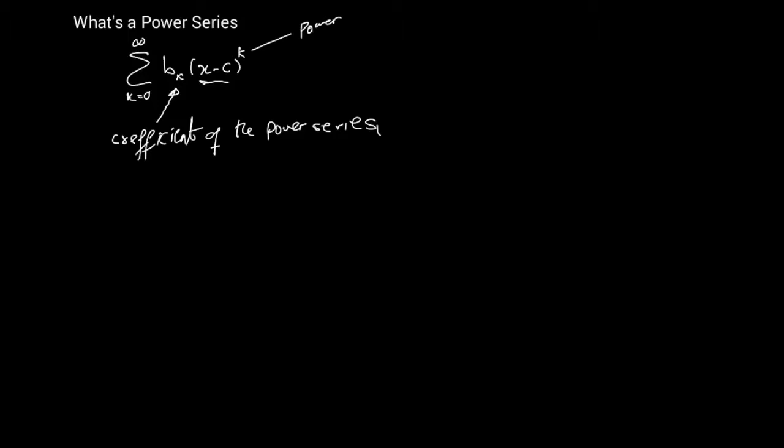So let's look at a few terms in the power series. If we look at the first terms, we get b0 plus b1 into x minus c plus b2 x minus c squared plus b3 x minus c cubed, up to bn x minus c to the n.